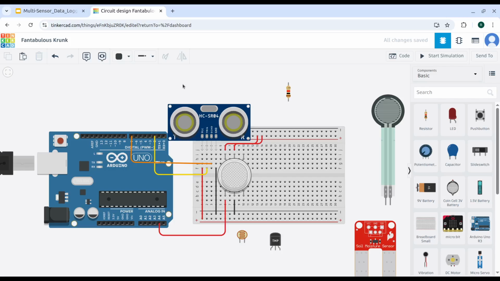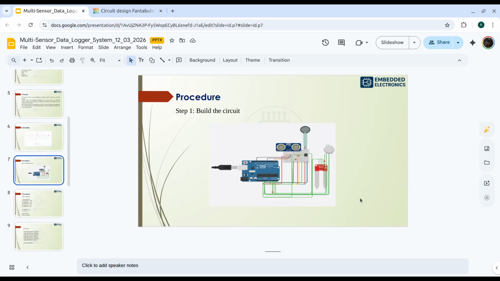Now here B2, B1, right? So we need to connect this pin to... So how to connect?